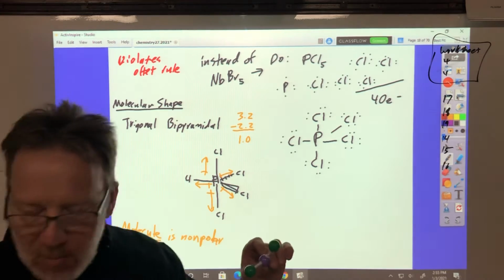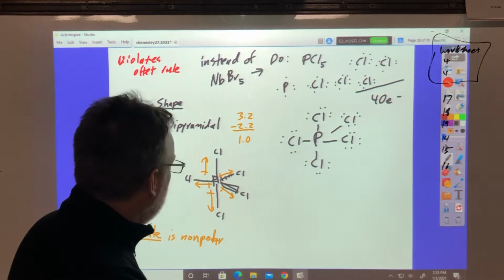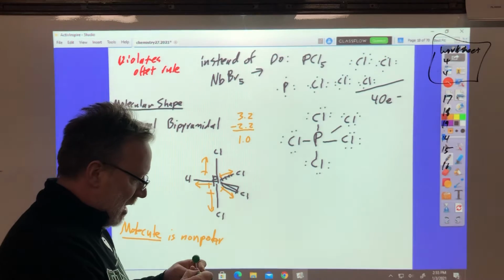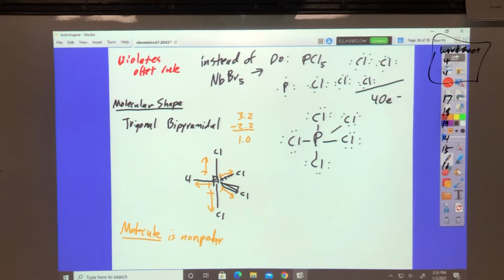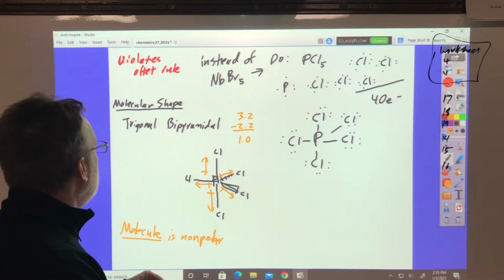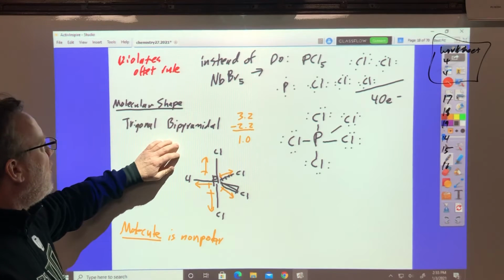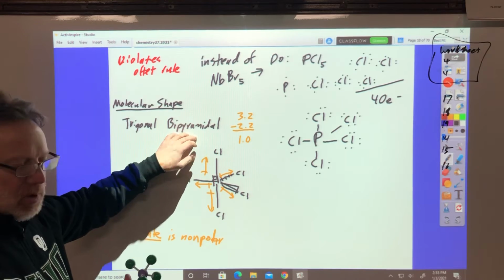If you look up in my molecule kit, this is probably a phosphorus. And what it looks like is this. A molecular shape of trigonal bipyramidal.